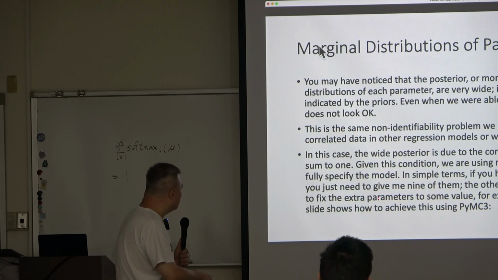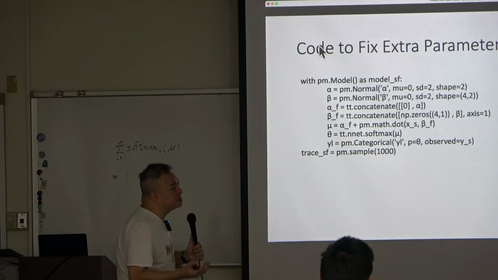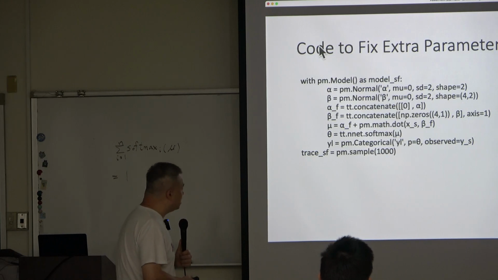One solution is to fix the extra parameter to some value. We intentionally fix one extra parameter to some value, for example 0, so that this problem can go away. So this is the improved multi-class classification model over the previous one. In the second term you can see that the shape is no longer 4-3, it's 4-2.